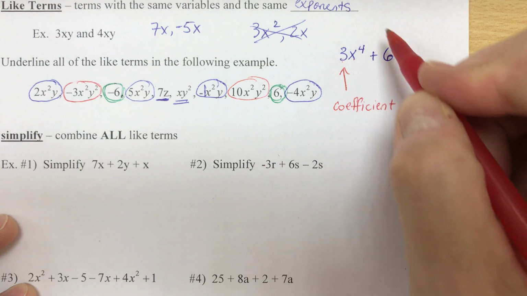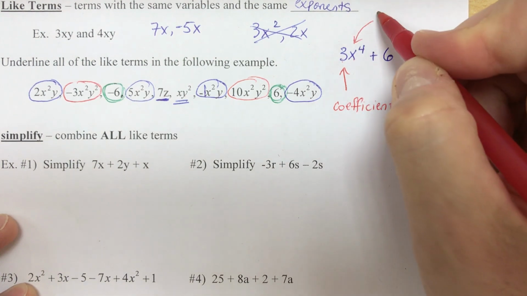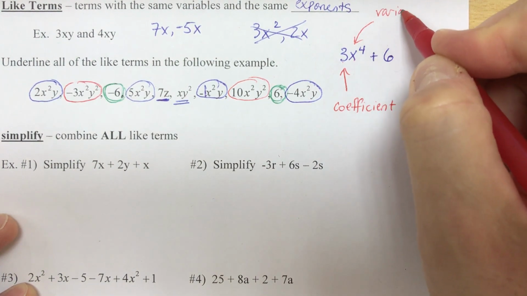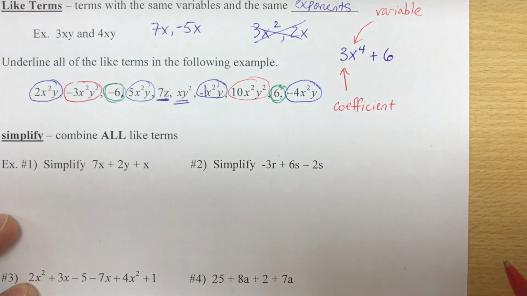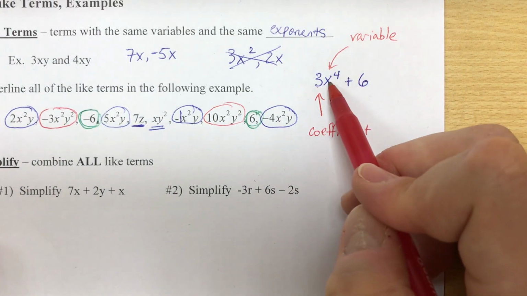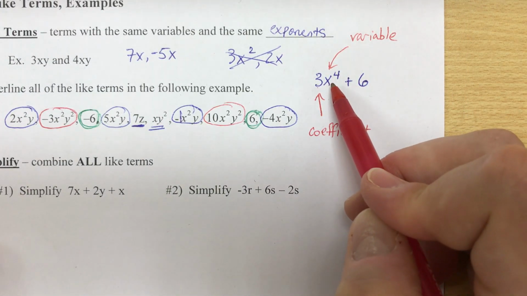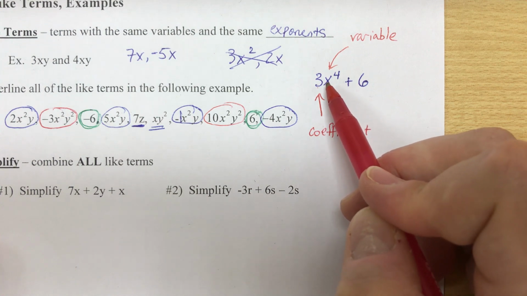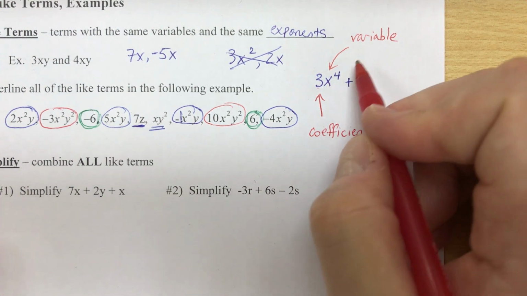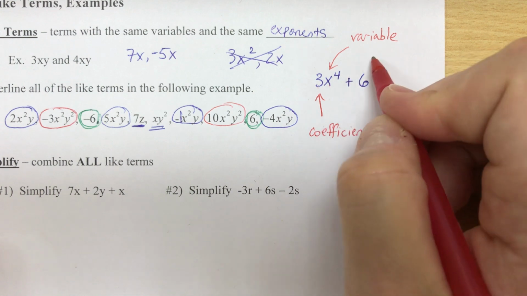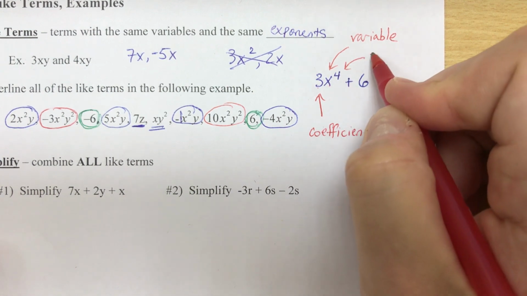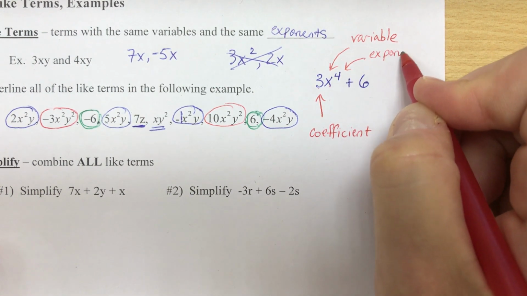The variable is the letter x, and remember that a variable is a letter that represents an unknown number. This could be any kind of number. The small number here, the 4, is what we call the exponent or the power.